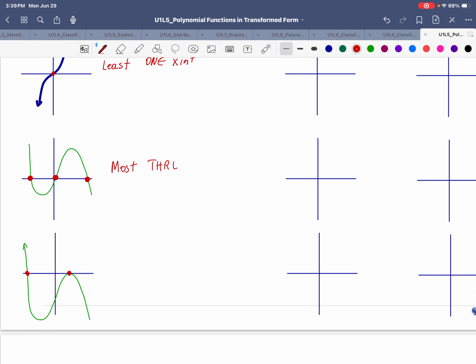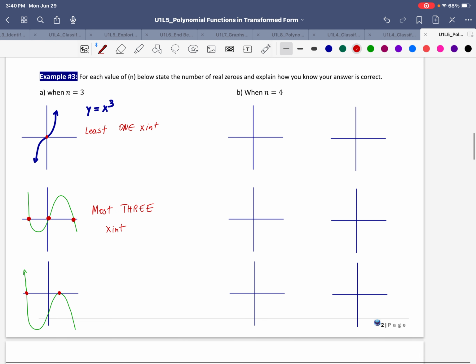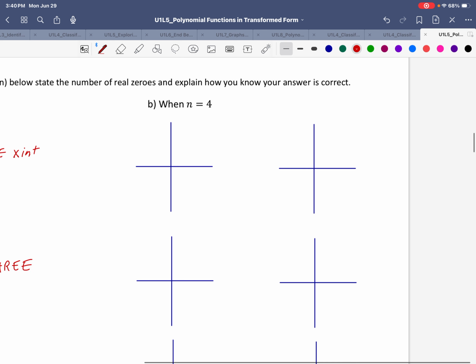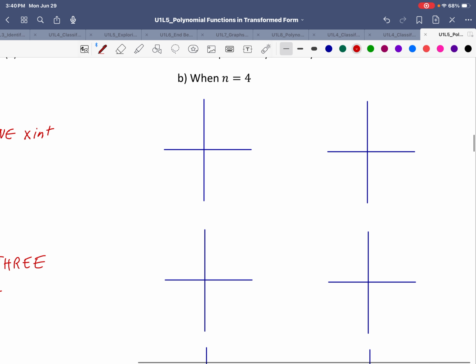And I think that we're now ready to move on to the graph of a polynomial function with degree 4 and see the number of x-intercepts available there. I'm going to start off with a basic polynomial of degree 4, x to the power of 4. As you can see, there is one x-intercept in here.